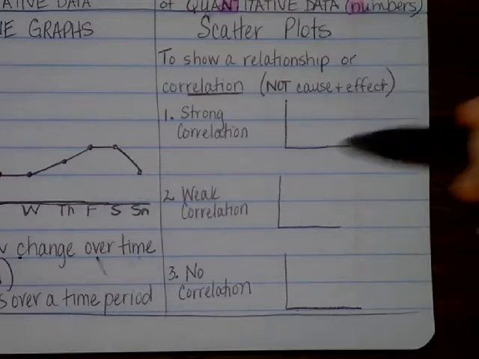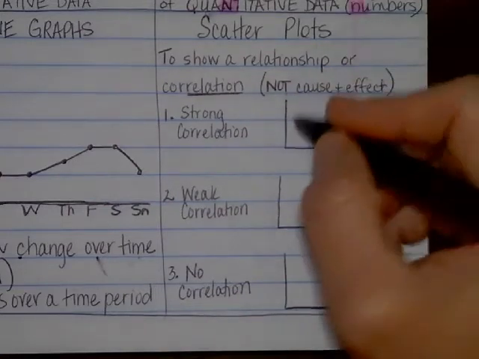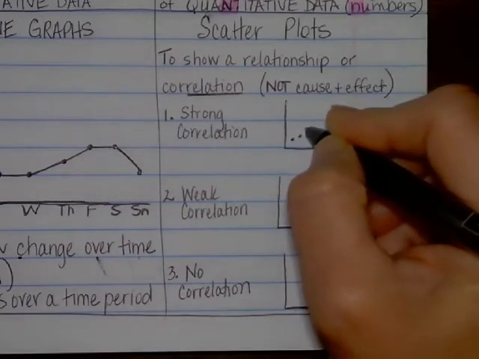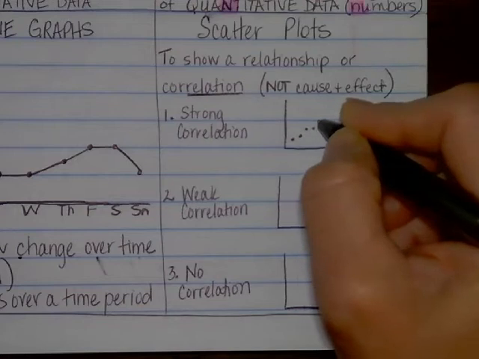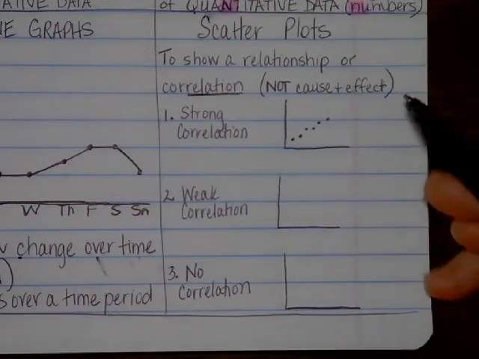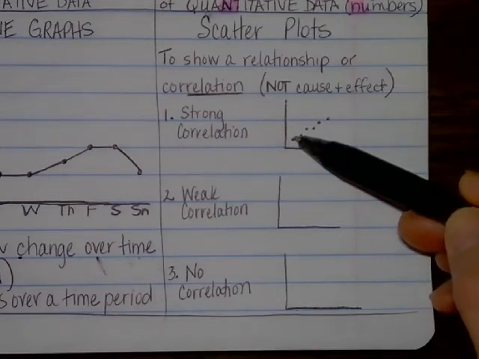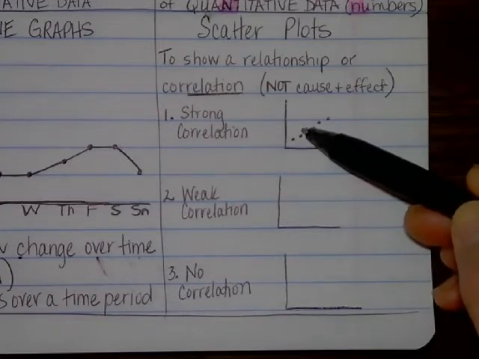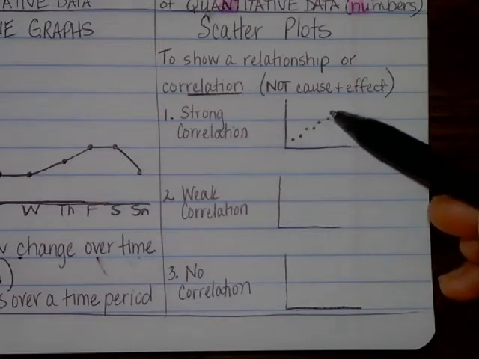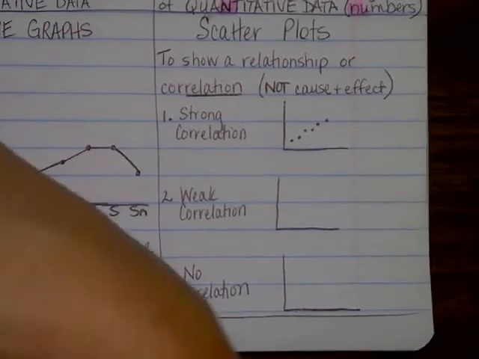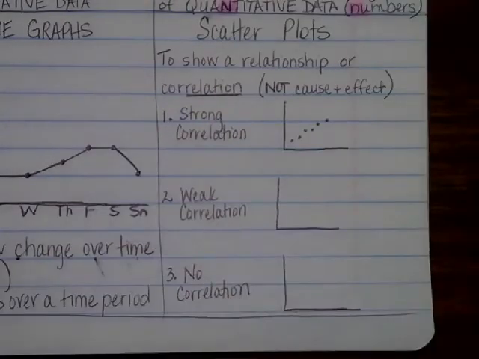So on a scatter plot, if something has a strong correlation, it means the X and Y axis have some sort of pretty close relationship that causes every time you go up on the Y, you kind of go over about the same amount on the X, right? Up on the Y, over on the X. And so you're moving at a pretty steady interval, which ends up causing something real similar to a straight line.